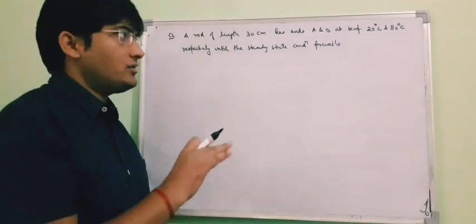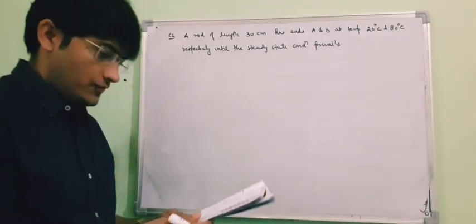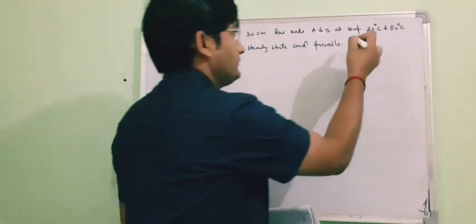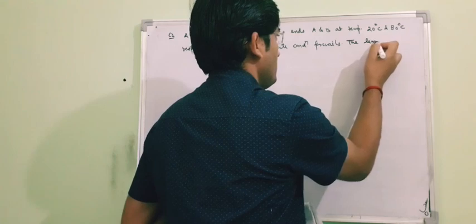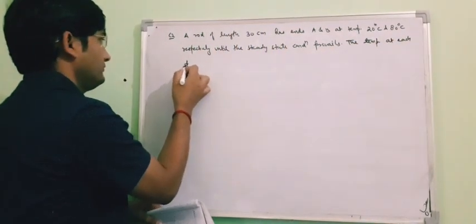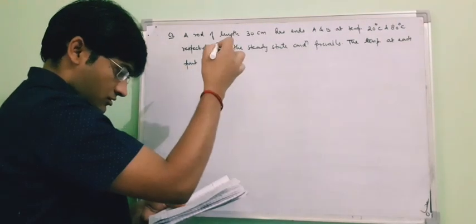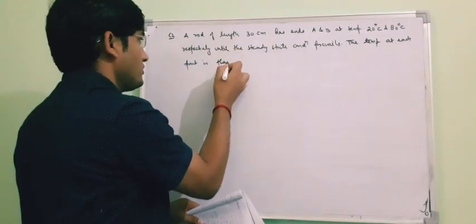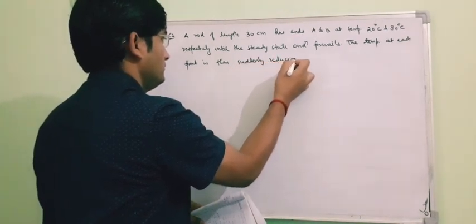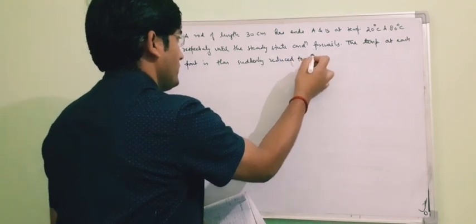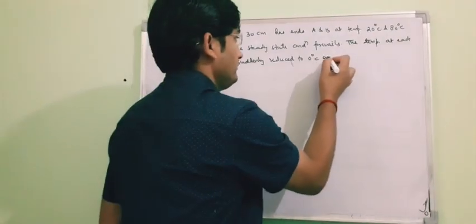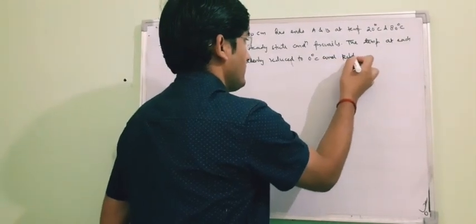Now let us assume that the temperature at A and B are reduced to 0 degrees centigrade. So the temperature at each point is then suddenly reduced to 0 degrees centigrade, and kept so.